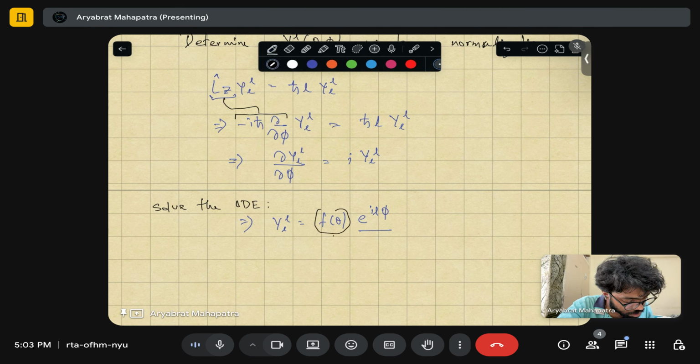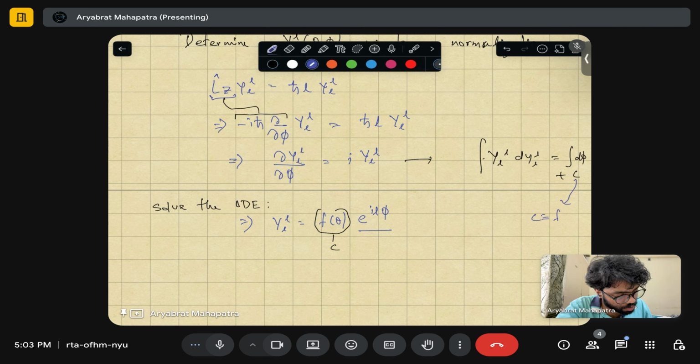To solve this, you can do variable separation, similar to the integral you often come across, d by ln integrated d phi, and then there will be some constant c, which you write as f of theta.